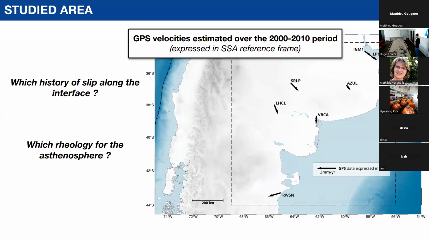These GPS velocities are expressed in the South American reference frame between 2000 and 2010. And here we have the Valdivia earthquake that occurred in the 60s.